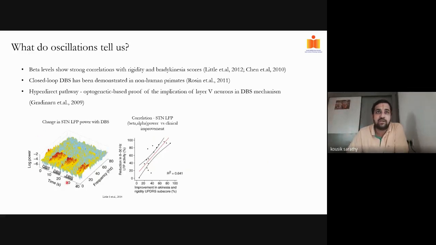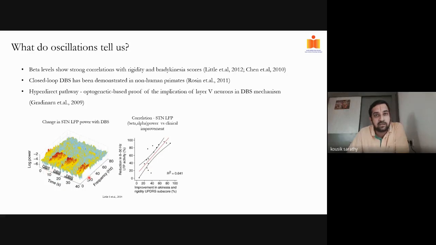This is actually a map of changes in local field potential power from STN when DBS is switched on and off. You can see that DBS is switched on and off periodically. On the y-axis you see frequency, on the x-axis time, and z is power.